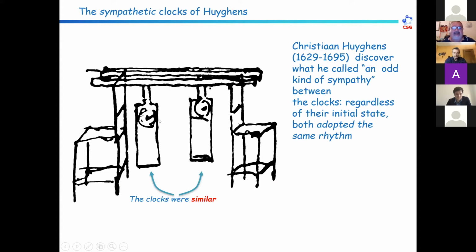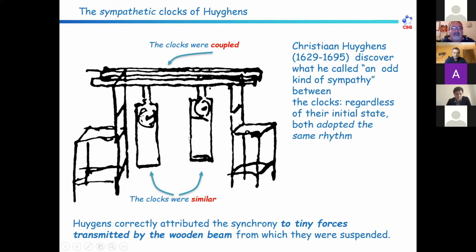The two pendula set their oscillation in antiphase, and he understood very well that the reason for the setting of such a collective state was the tiny forces the two clocks exchanged, the tiny coupling, because they were suspended from the same wooden beam, and so they were interacting among themselves. So he really understood that interaction between oscillatory elements can give rise to the setting of collective motions.